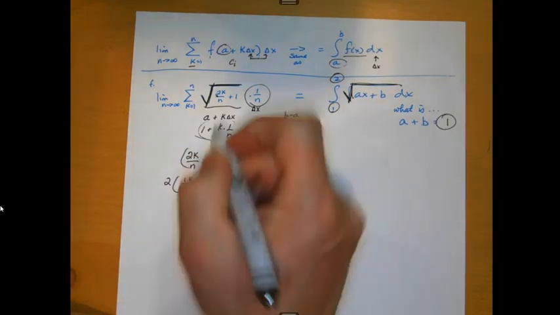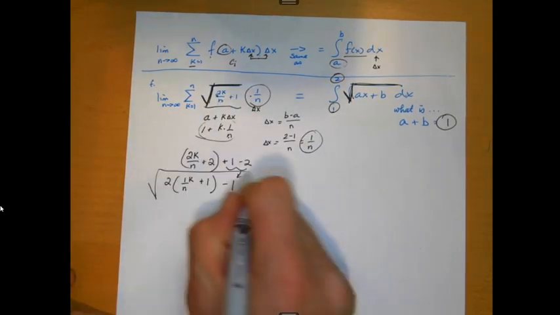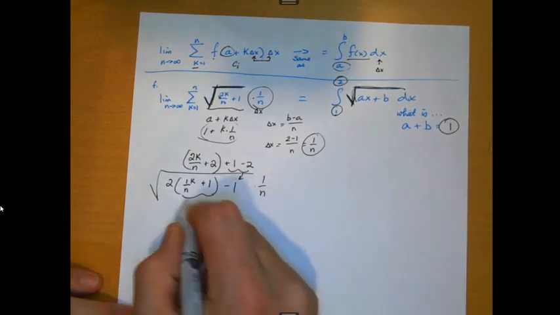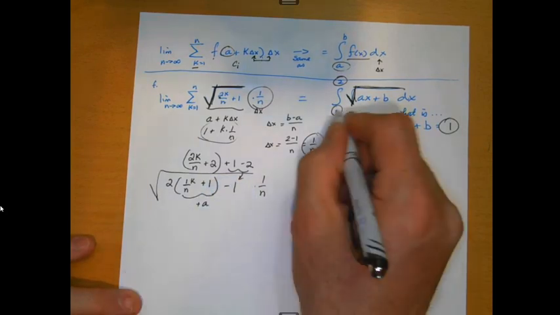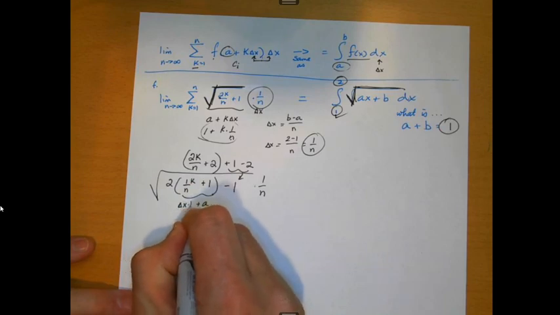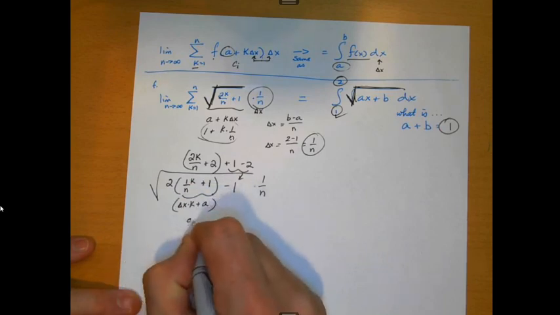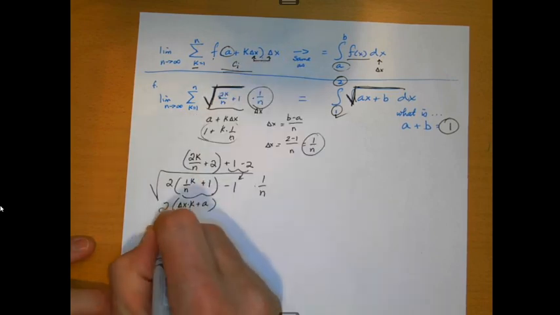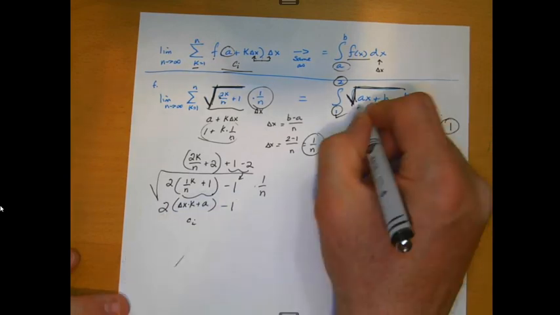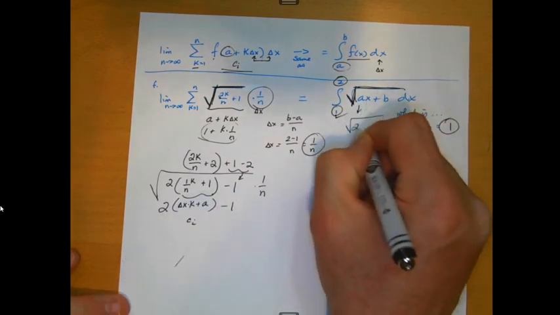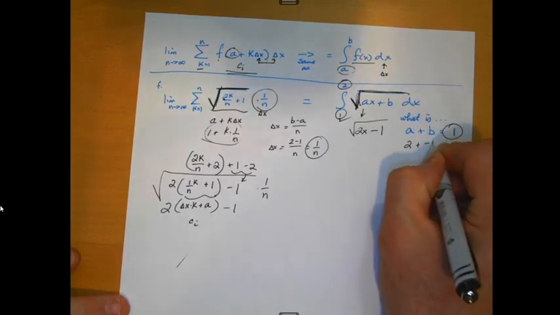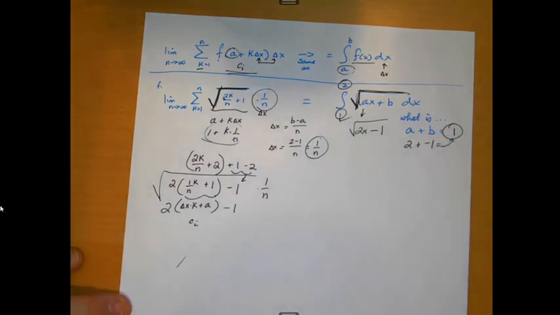So this, instead of that value, could be that value times 1 over n, which gives me, now this is my a value, which is 1. This is my delta x times my k, which is my c sub i value that I need, but I'm going to multiply it by 2 minus 1. So what this translates into is 2x minus 1. So a is 2, b is negative 1, for a sum of 1.